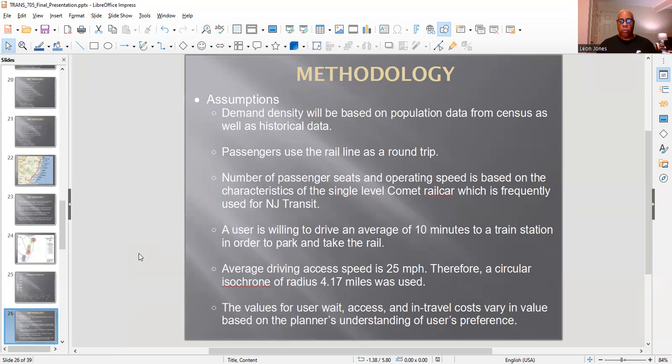A user is willing to drive an average of 10 minutes to a train station in order to park and take the rail. The average driving access speed is 25 miles per hour. Therefore, a circular isochrone of radius 4.17 miles is used. Then we're going to get into the values per user weight, access, travel costs. And then we must understand the user's preference.